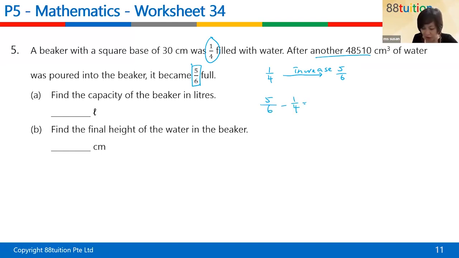So that is called the difference, right? 5/6 minus a quarter, you should get 7 out of 12. So you increase by this fraction. So the increase is 48,510. Meaning to say, this one is the 7 units, while the beaker itself is 12 units.